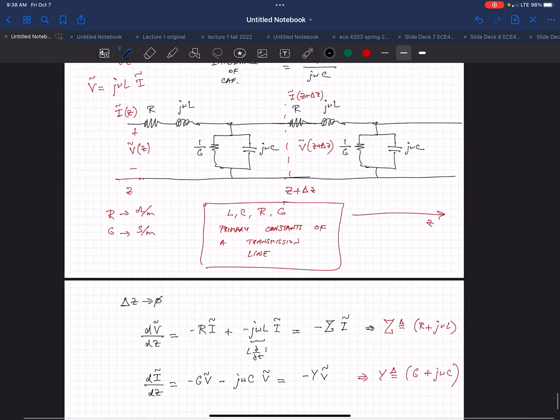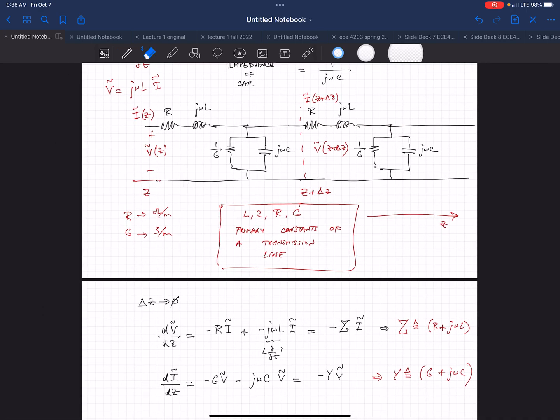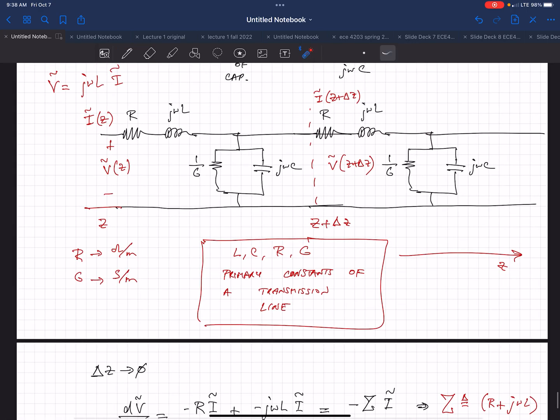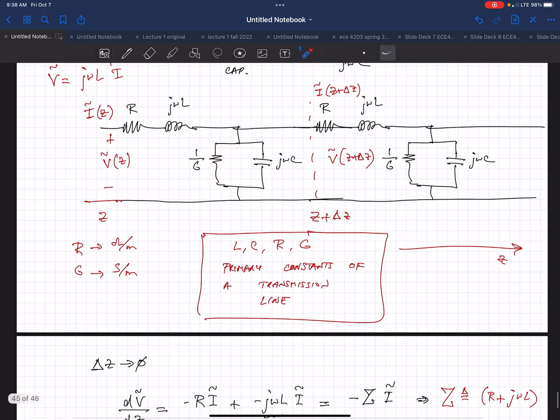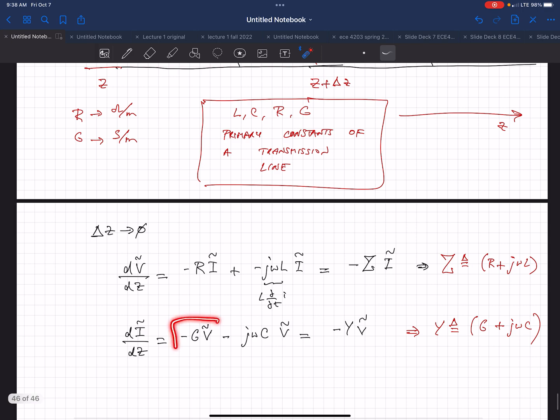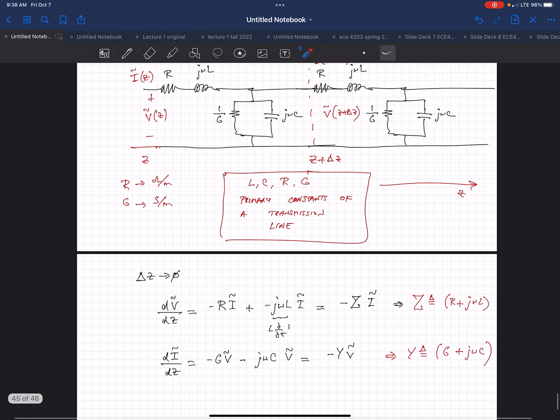What it's saying is there is a current going here, that's this guy. This is coming from KVL. This is coming from KCL.